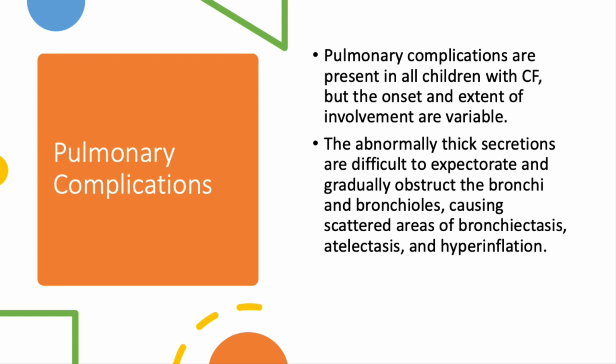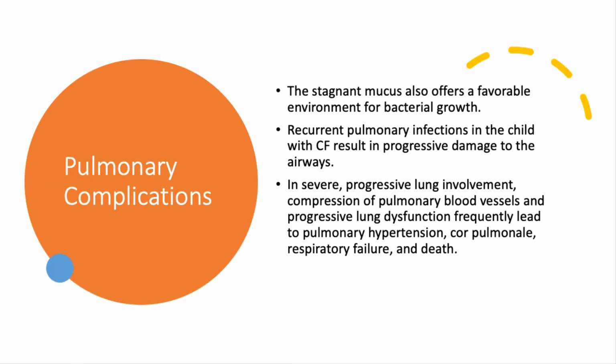Every child with CF will have pulmonary complications. However, the onset and the severity of these are widely variable. This abnormally thick mucus needs to be removed before it causes mucus plugging, atelectasis, and hyperinflation of the lungs. And like we've talked about in other videos, any sort of stagnant mucus or water is an excellent environment for bacterial growth.